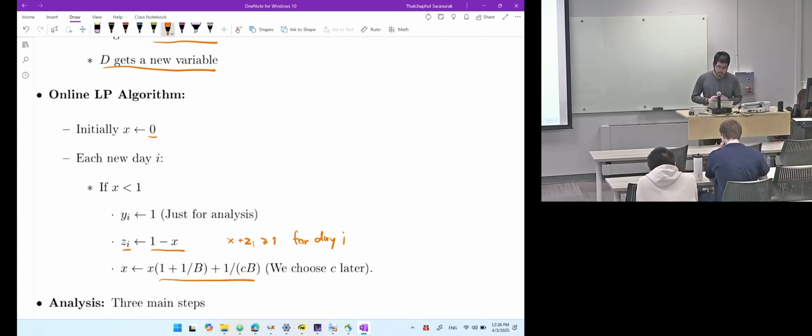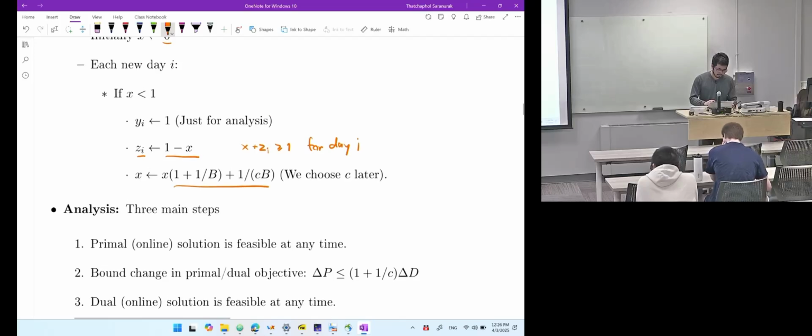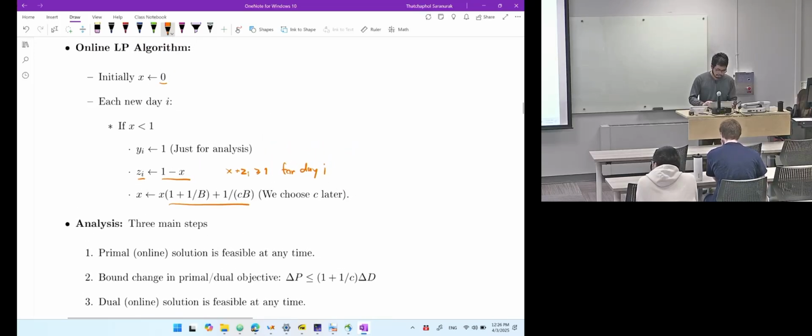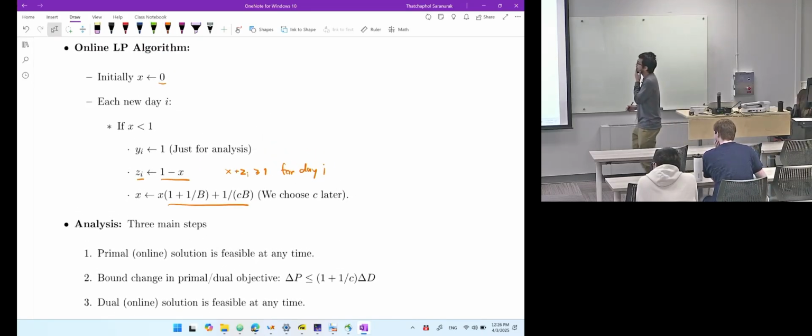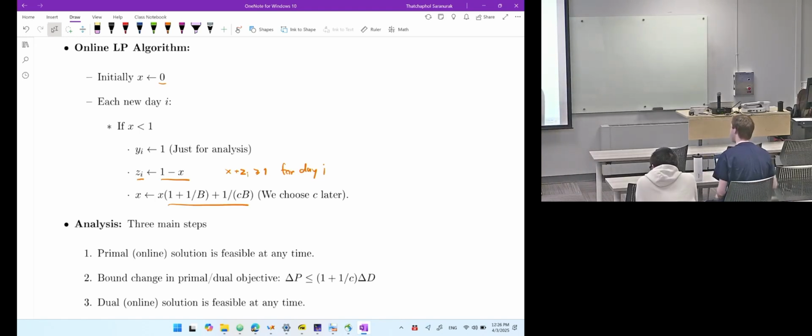Now our analysis will have 3 steps. The first is that the primal solution is feasible at any time. Then we try to bound the cost of primal by the cost of dual. This is the primal dual step, which is what makes it a primal dual algorithm.